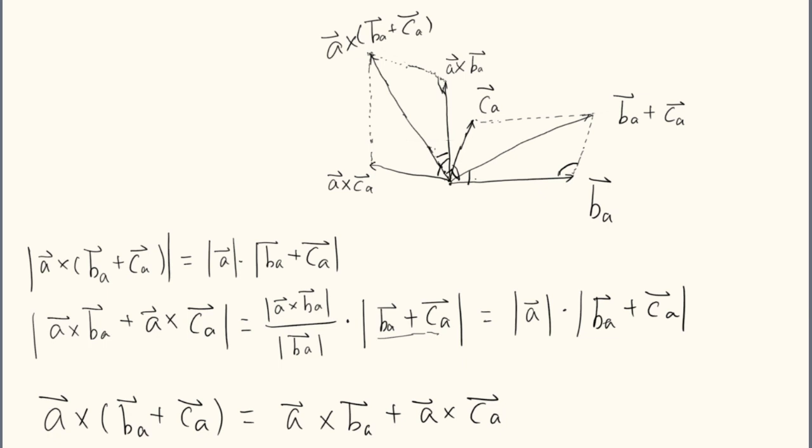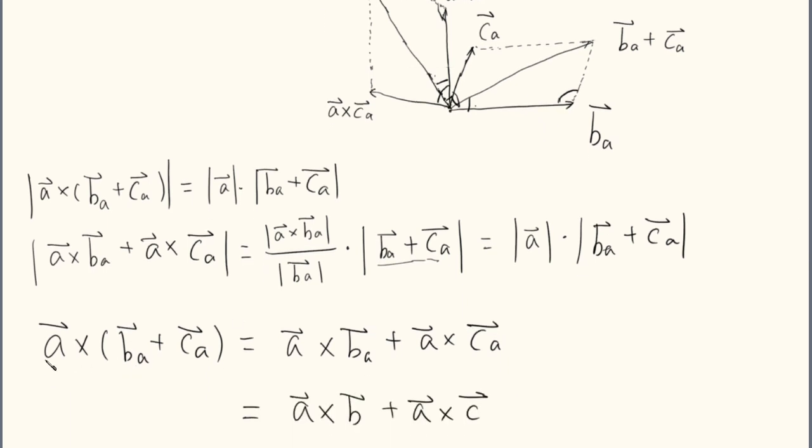So we can say vector A cross vector B sub A plus vector C sub A is equal to vector A cross vector B sub A plus vector A cross vector C sub A.